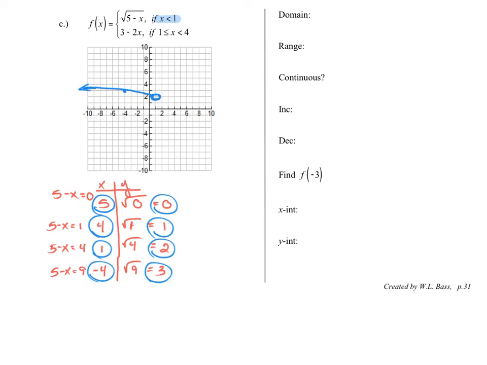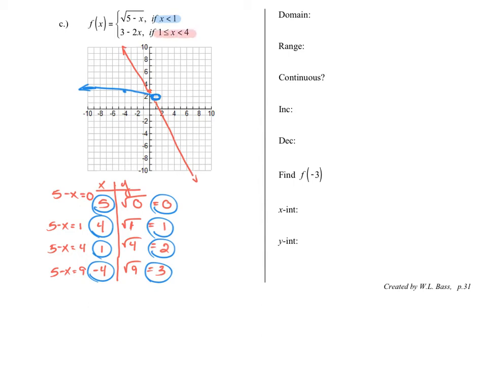Now I'm going to use a new color for my next part. I'm going to graph a line. This is simply a line. My next piece is a line with a y-intercept of 3 and a slope of -2. So I'm going to go down 2 and over 1, and down 2 and over 1. So when I graph this line, again, I'm going to graph this entire line, and then I'm going to come up here and look at this domain.